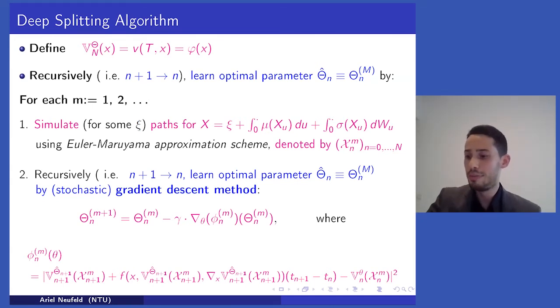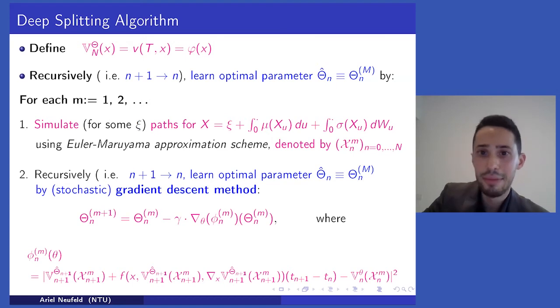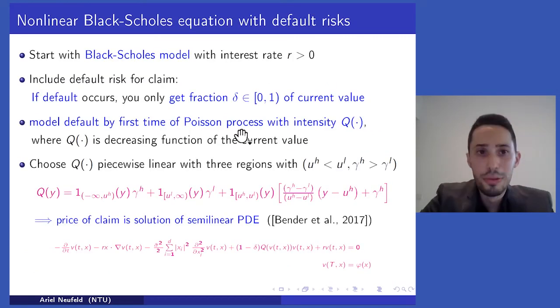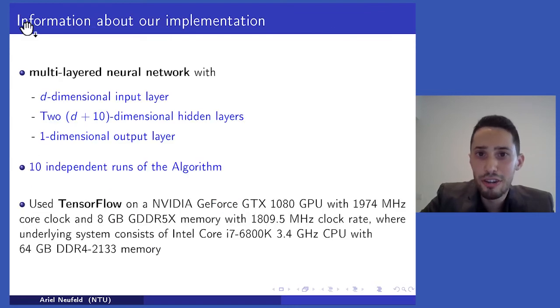Now, of course, you may ask, how well does it work compared to classical methods, but also in comparison with other machine learning based methods, which were using different kinds of arguments, as mentioned, for example, the nonlinear Feynman-Kac representation. So let me show you one numerical example to give you a concrete example of a PDE.